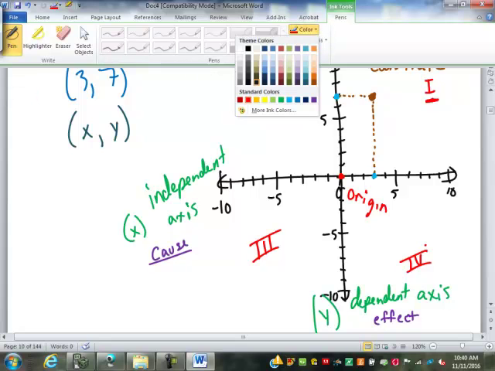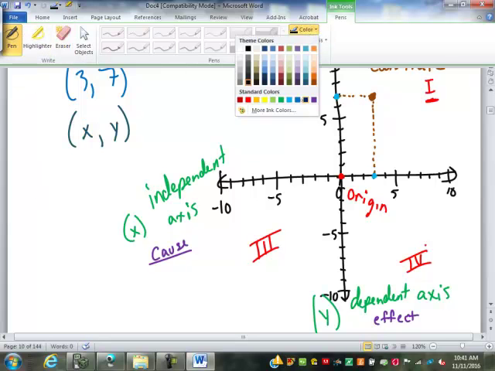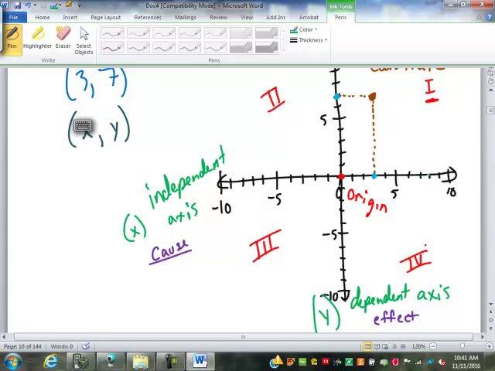So let's plot some points in here and see how everything fits in. I'm going to put them on here and have you tell me the coordinate. What would the coordinate of that point be? Well, we start out with the horizontal first.